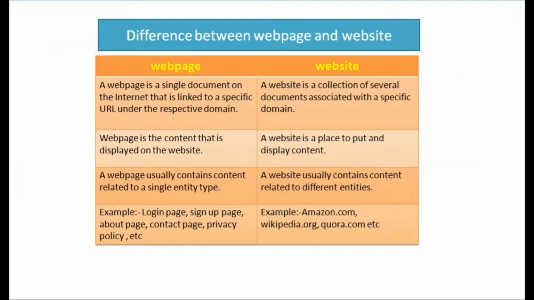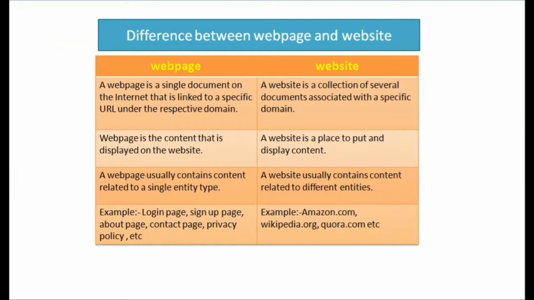For example, we have seen Amazon as a website in which we can find different web pages. Next point, web page is the content that is displayed on the website, whereas a website is a place to put and display those content.